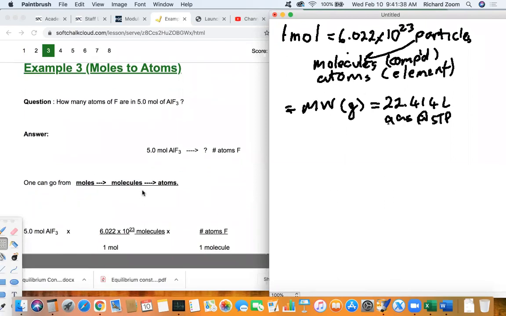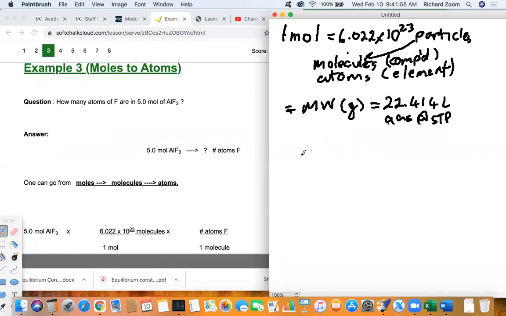Now, what if we wanted to extend that out to moles to atoms? Well, we could try that. You can look above here. You can see there's nothing that can take us from a compound to an element directly.